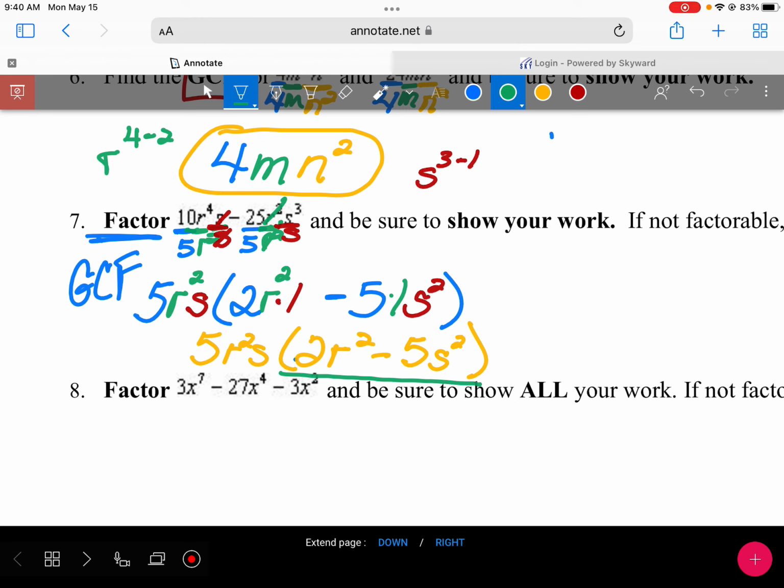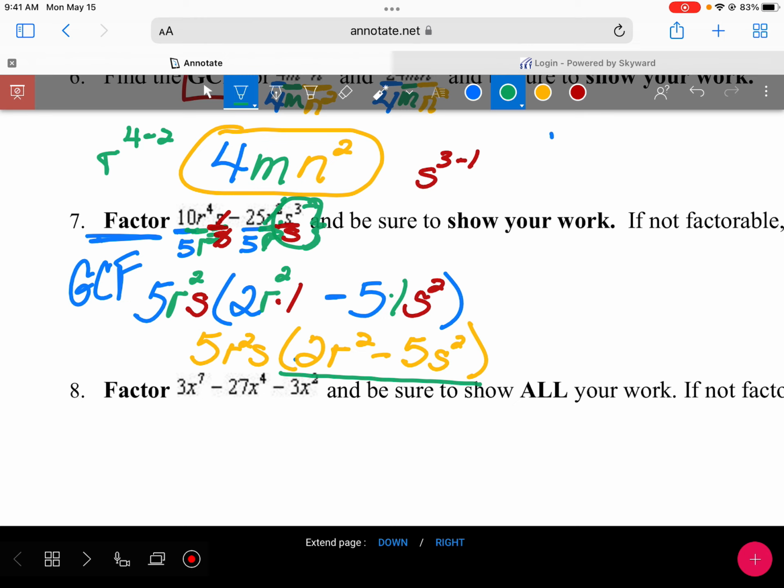Well, it's definitely subtraction. How do we get R squared, S squared? How do we get S squared? Right here, when we took S to the third divided by S. That is S to the 3 minus 1, because you had 3 of them and you're taking away 1. So that leaves you with 2.